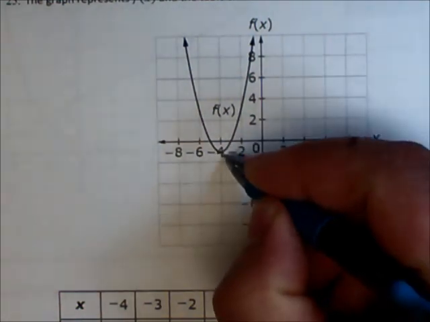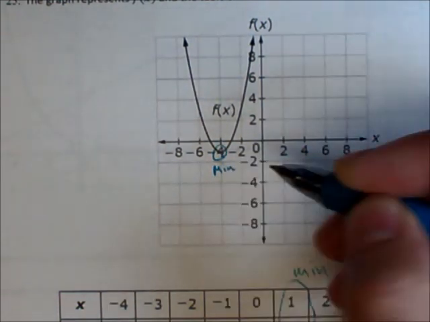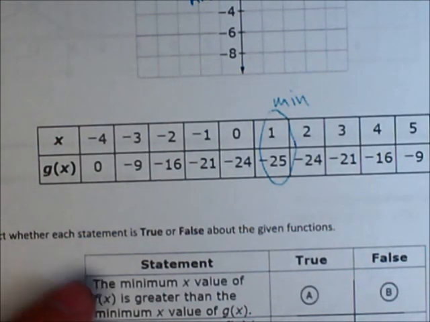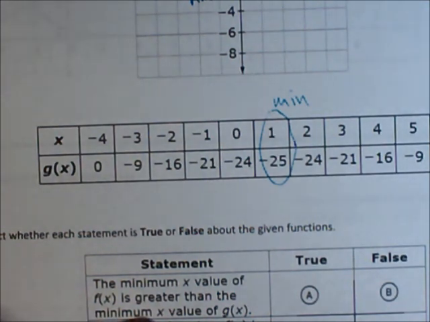It looks like -1. So the minimum value of x for f of x is greater than the minimum x value of g of x.